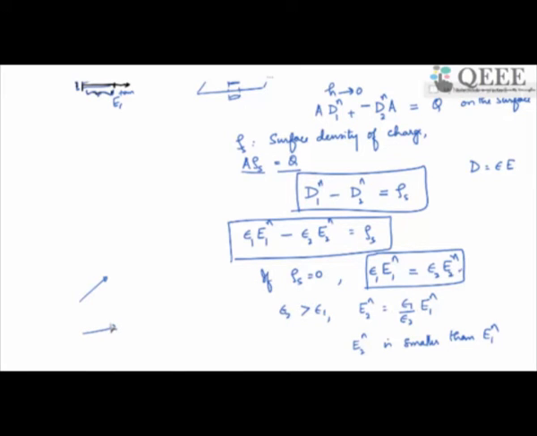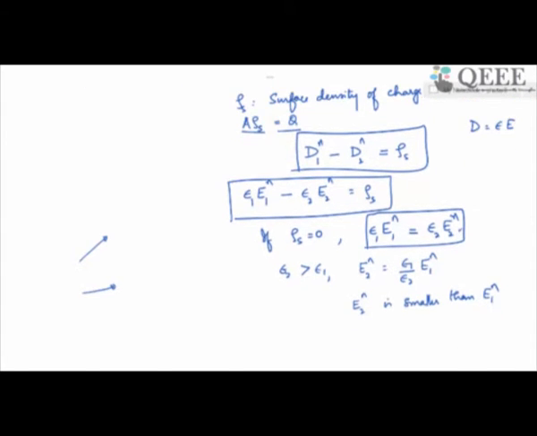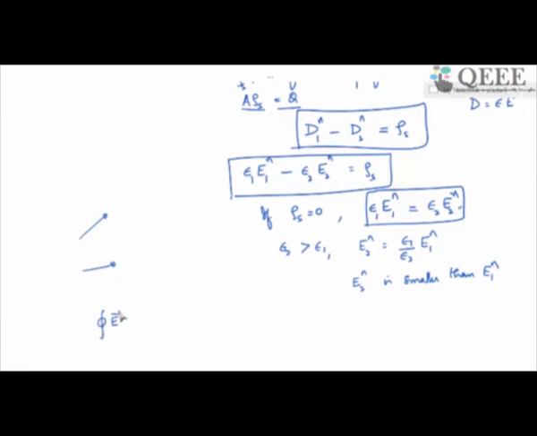So, this is the boundary condition for the electric field. The loop integral of E dot dl is equal to minus del by del t of the magnetic flux. This gave me the boundary condition that E1 tangential is equal to E2 tangential.